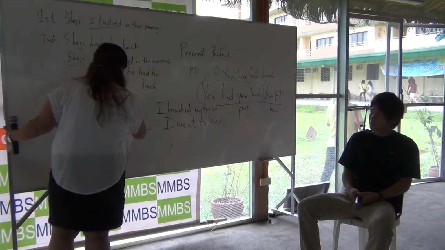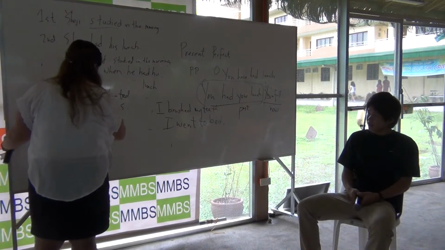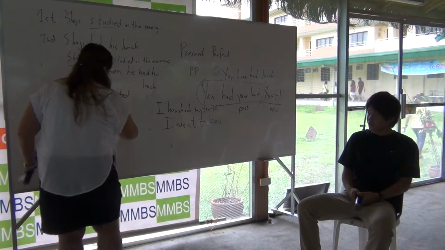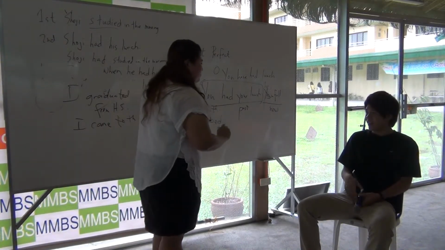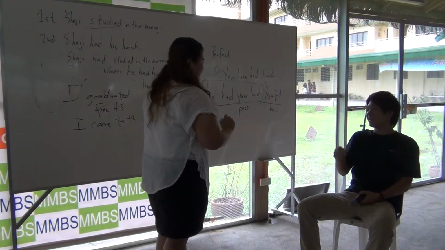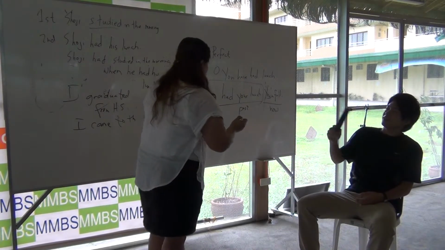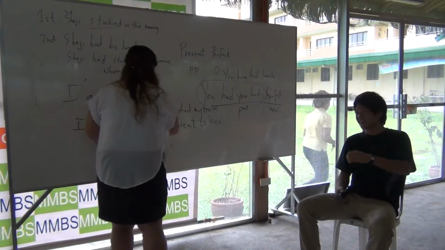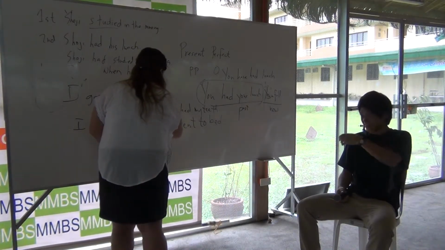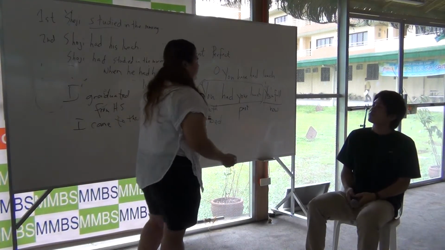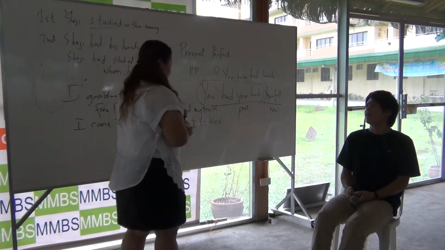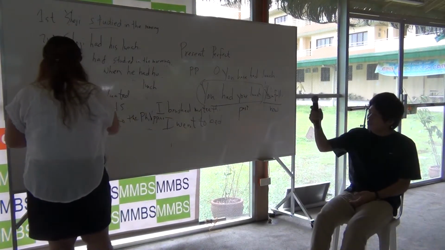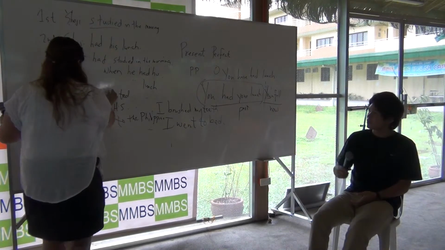And then after this, what did you do? I came to the Philippines. Now please combine these two sentences into one with the use of past perfect and then when. I had graduated from high school when I came to the Philippines. Okay, thank you.